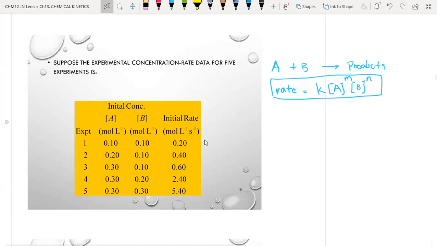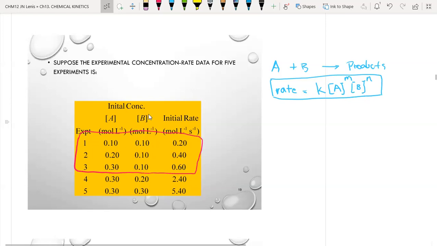So let's see the numbers. Can you identify here in the first 3 experiments? Let's group these experiment results, the first 3 experiments. In these first 3 experiments, did you notice what concentration is changing and what is kept constant?